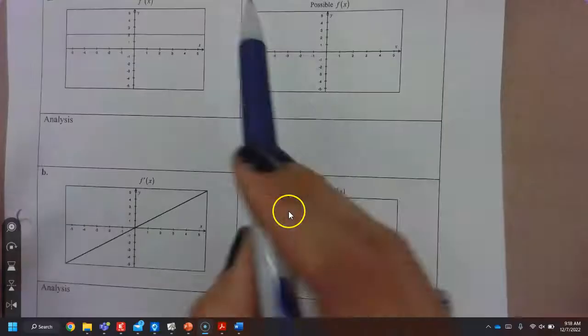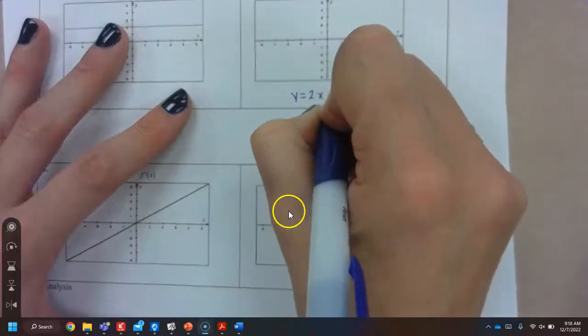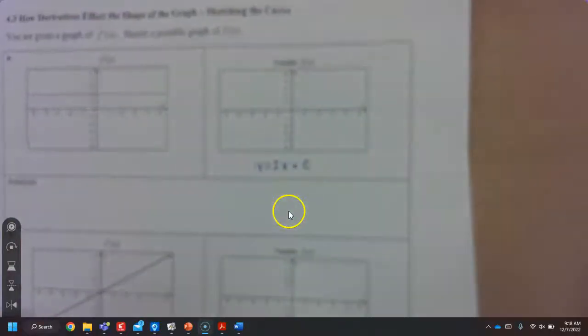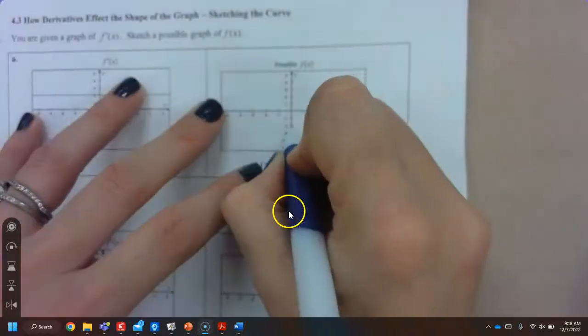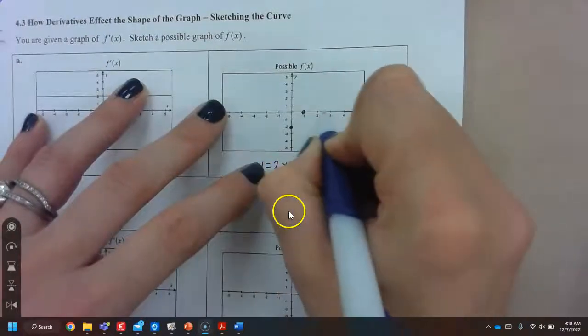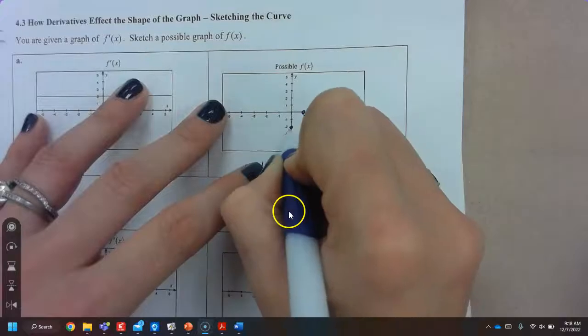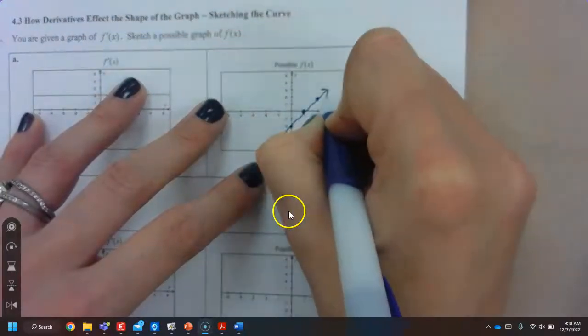So that means that a possible graph of f is 2x plus some y-intercept. So you don't know your y-intercept. So as long as you draw a graph with a slope of 2, it doesn't matter if you go through the origin. It doesn't matter if you go through -2. All that matters is that you follow the slope rule. Make sense?